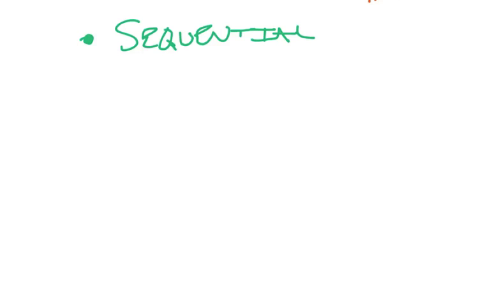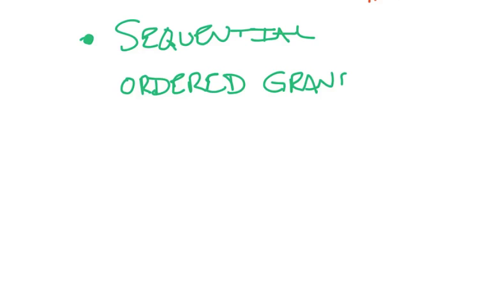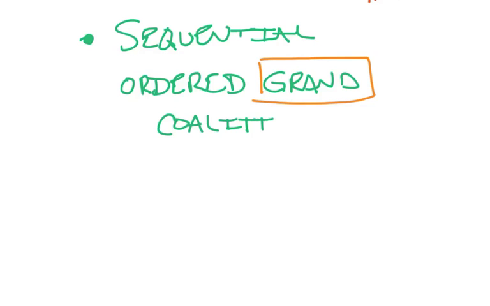What we look at in the sequential case is ordered coalitions. And remember, it's very important that these coalitions are all grand coalitions. Every one of these coalitions is a grand coalition, meaning that they consist of every single player. So we look at all the ordered grand coalitions.